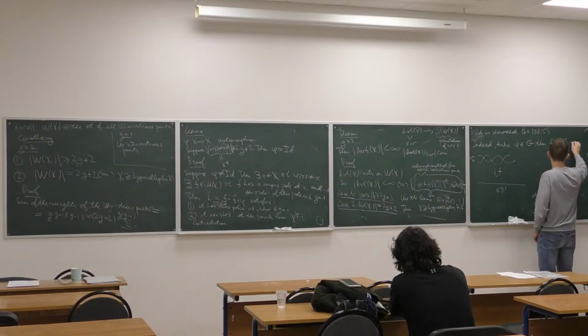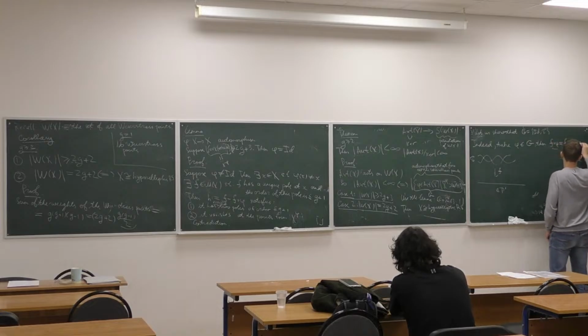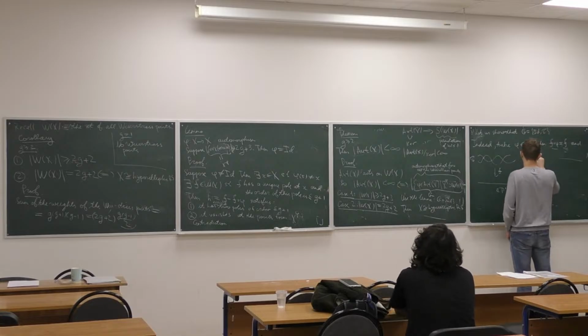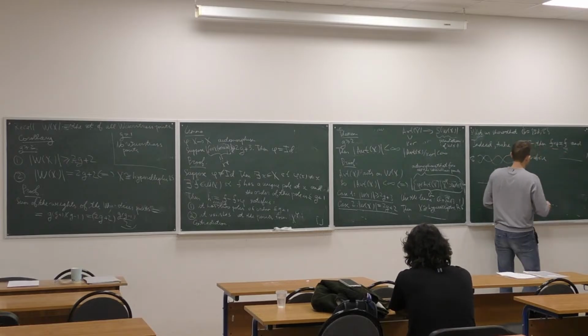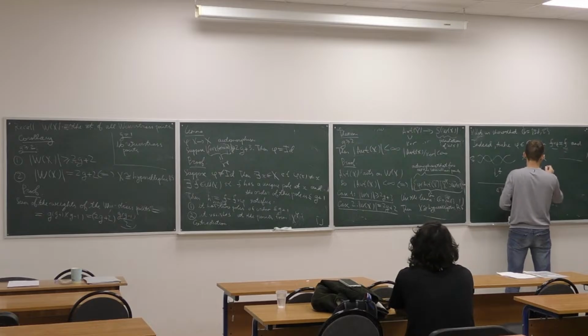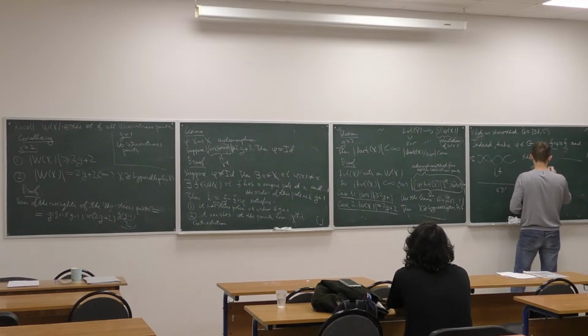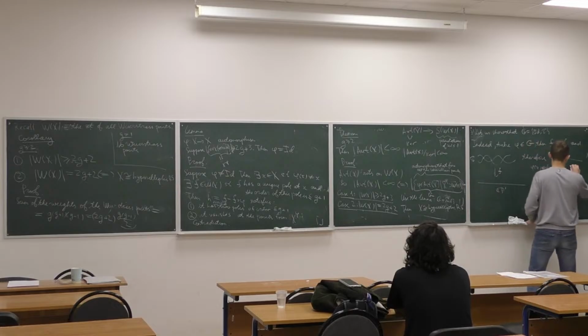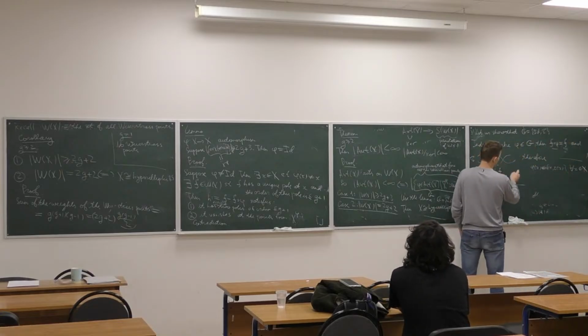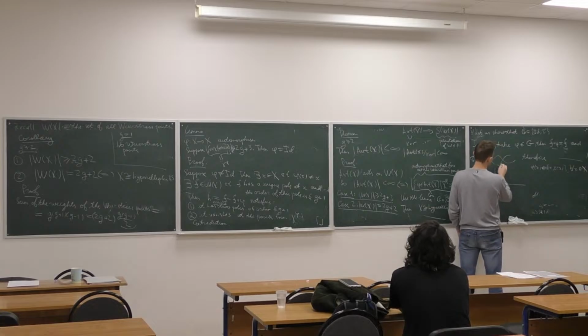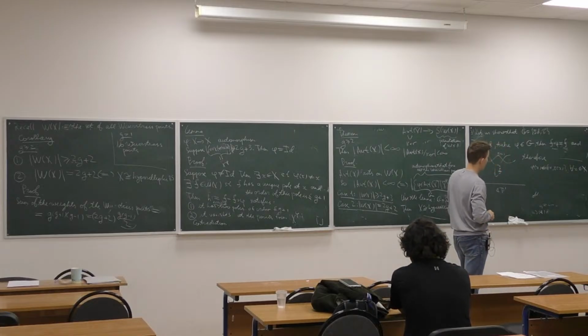But then this implies that if F composed with phi is equal to F, then phi of x belongs to the set {x, tau x} for any x, meaning that phi can map any point either to x or to tau x.